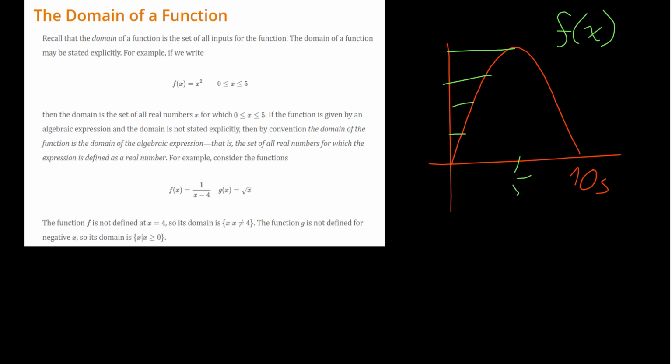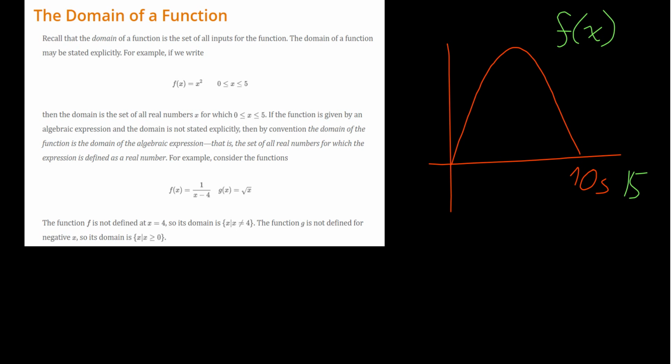Well, at -3 seconds, that doesn't exist, does it? That's outside the domain. I cannot shoot this rocket off -3 seconds ago. Same thing with 15 seconds. At 15 seconds, it's already hit the ground. You could say its height is 0, that's fine.